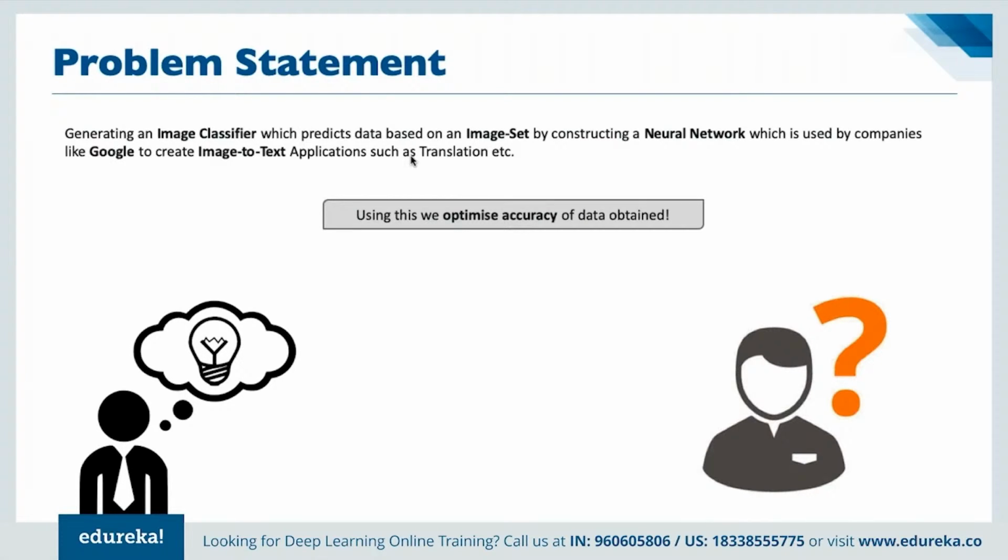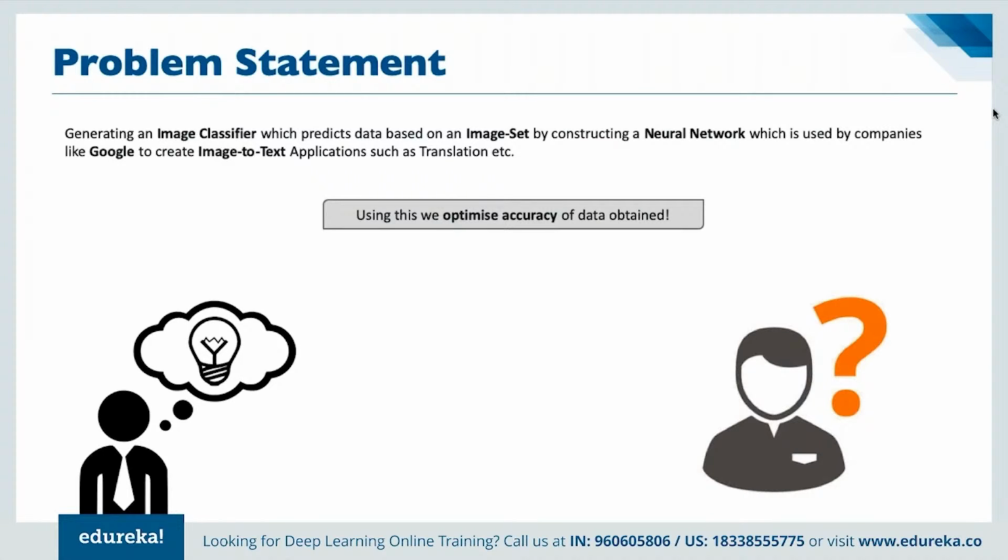When we see a signboard written in a different language and point Google Lens at that signboard, we are able to see a real-time translation of that signboard in the app itself. Although PyTorch is not directly used there, it is a small use case that can be available for PyTorch. Using this, we simply improve the accuracy, because that's the main job here: to make the entire model as accurate as possible.